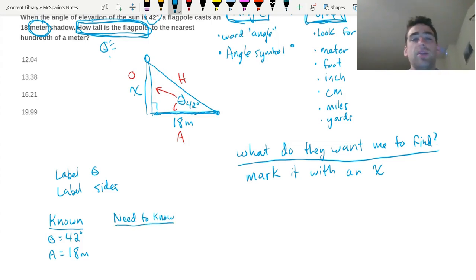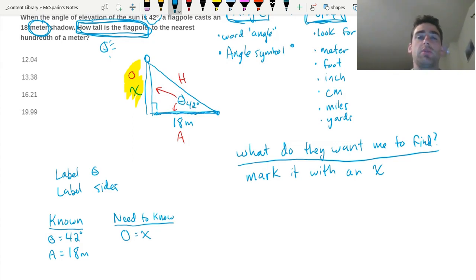Because it's true that I don't know my hypotenuse, but it doesn't matter what the hypotenuse is right now. It's not asking me what the hypotenuse is. What I need to know is my x. I need to know my opposite. That's this right here. The height of the flagpole is the opposite. So once you have this, you're going to get a much clearer picture of which relationship to use.